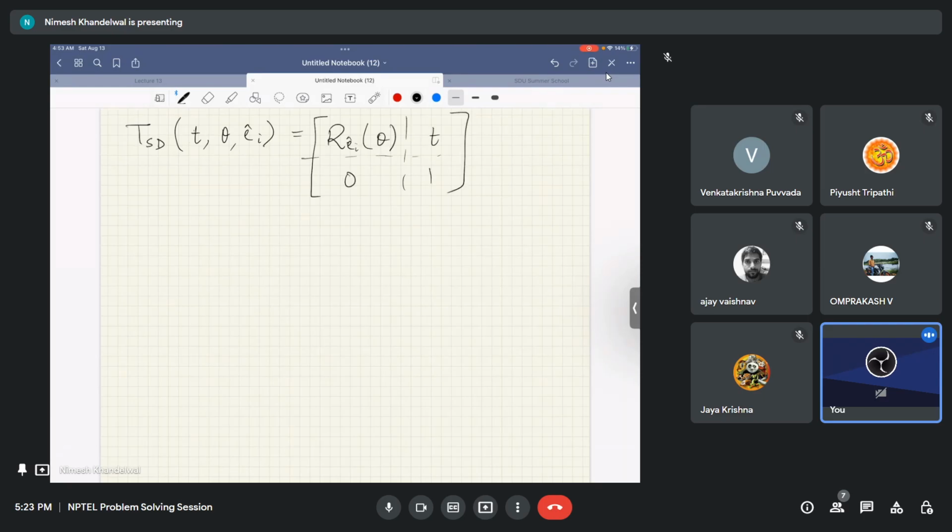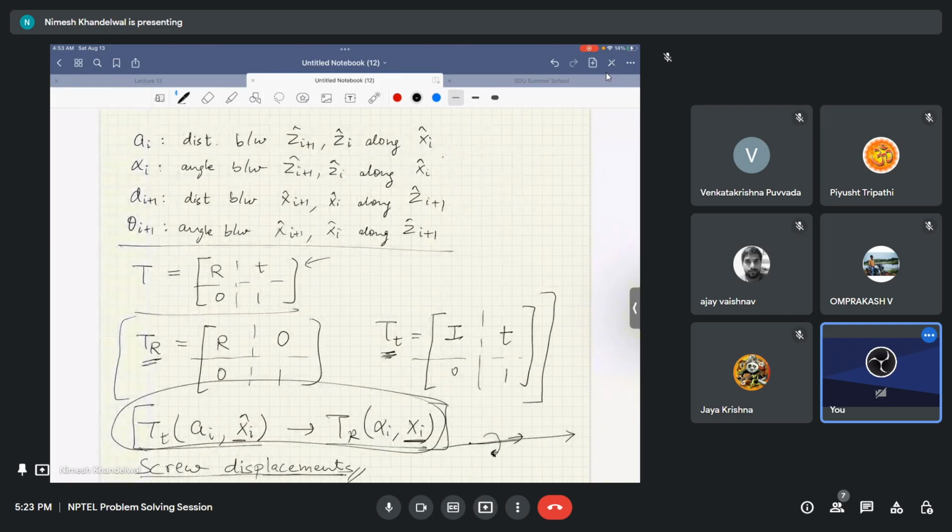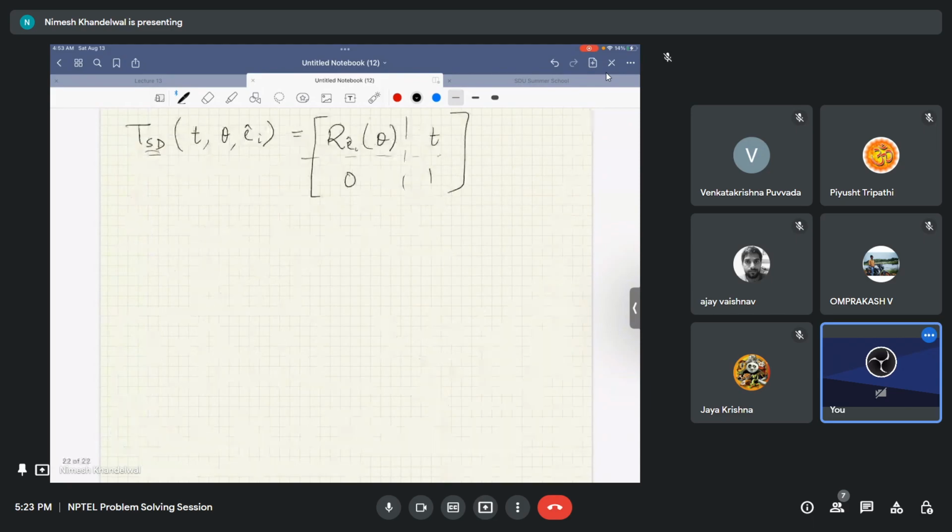Now you might be thinking, what is the difference between this screw displacement and the previous general displacement that we have written here? The difference is just that the form of a screw displacement is easier.